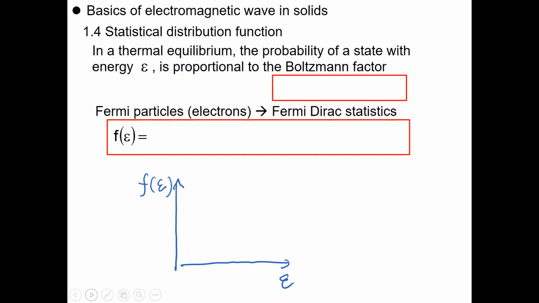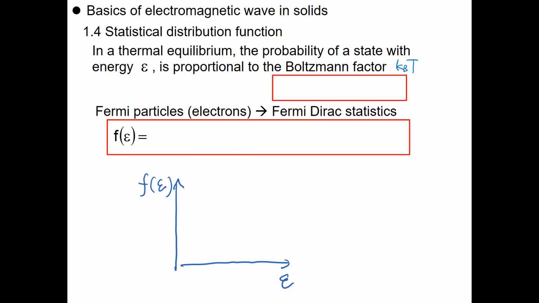In thermal equilibrium, the probability of a state with energy epsilon is proportional to the Boltzmann factor, which means that in thermal equilibrium, the particles or molecules exchange energy at a level similar to the thermal energy, which is kBT.